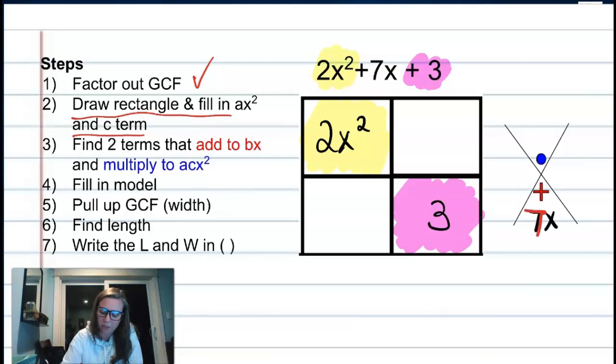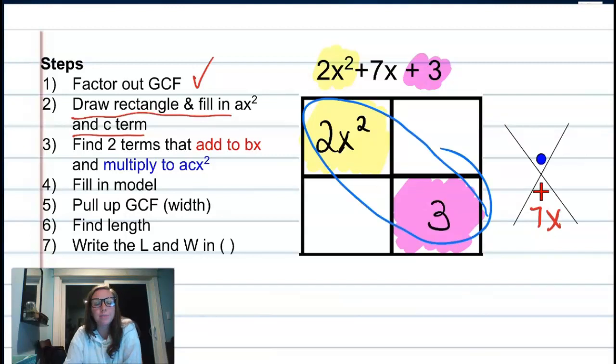They need two terms that are going to add to 7x, and they're going to multiply to ax squared. So we know it's going to have to add to this middle term here, but we want them to multiply to whatever this multiplies to.